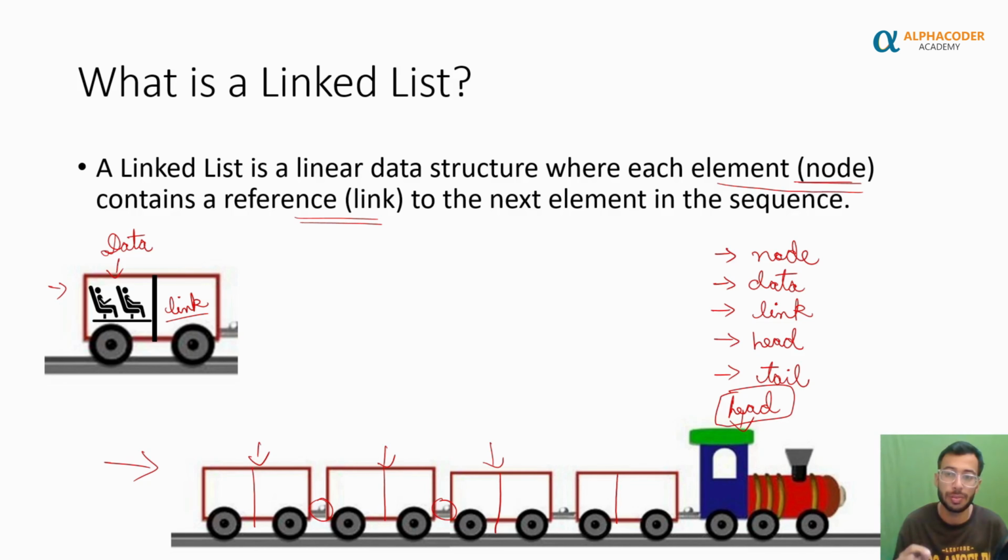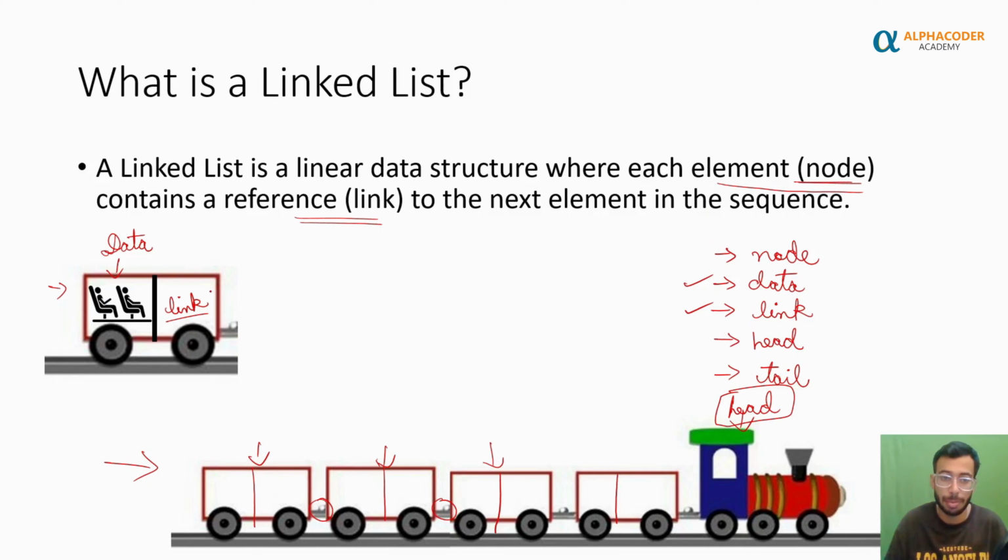The head portion will help us find out where exactly the linked list starts from. So any time we have to locate the linked list, the head comes into the picture. After the head, we have all the nodes connected to it, and each node is divided into two parts, that is data and the link.